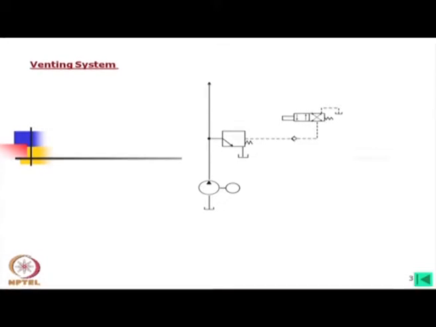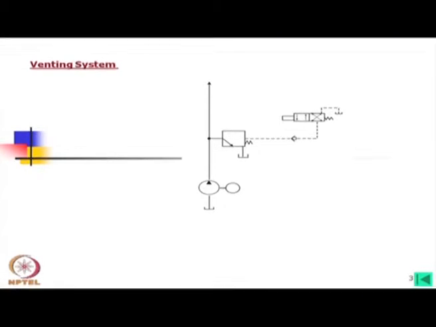Now, we know the meaning of venting. Venting means we bypass oil, or in case of gas, due to some reason. In this case, venting is usually done when we are not operating the load. How is it done?